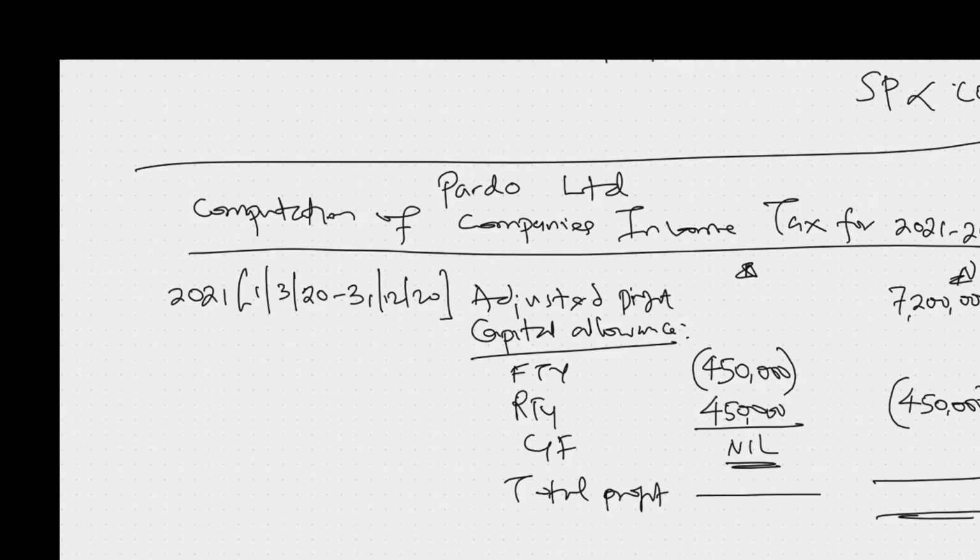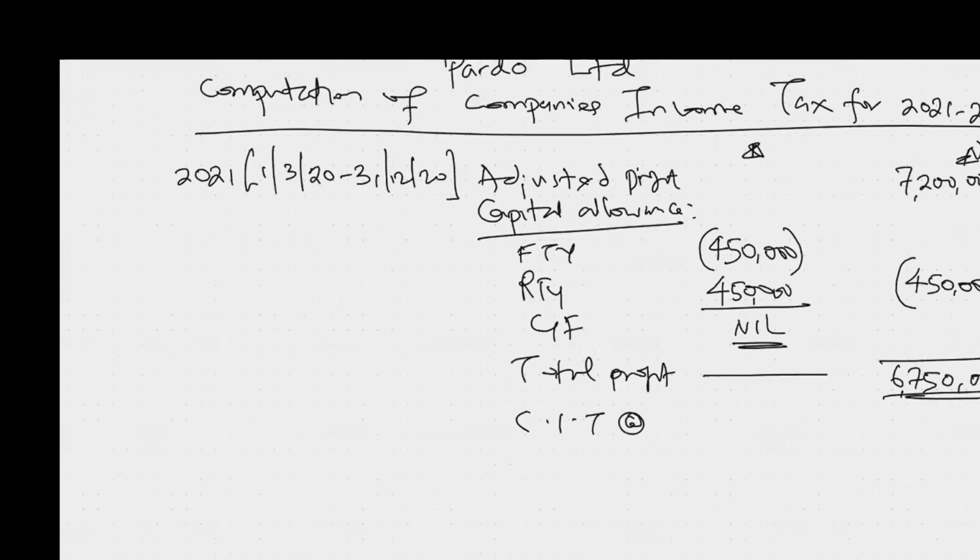Okay, thank you. Now, company income tax at 30% of the total profits, tertiary education tax at 3% of assessable profits.